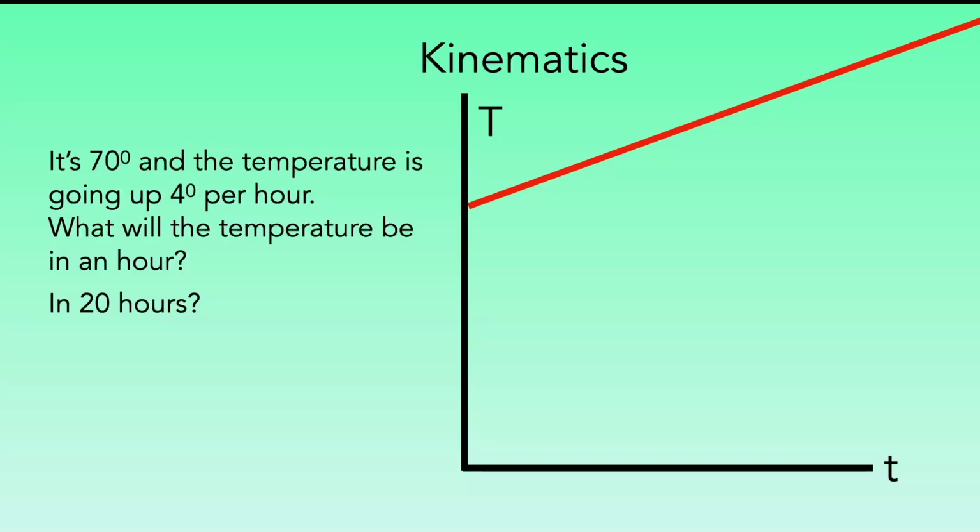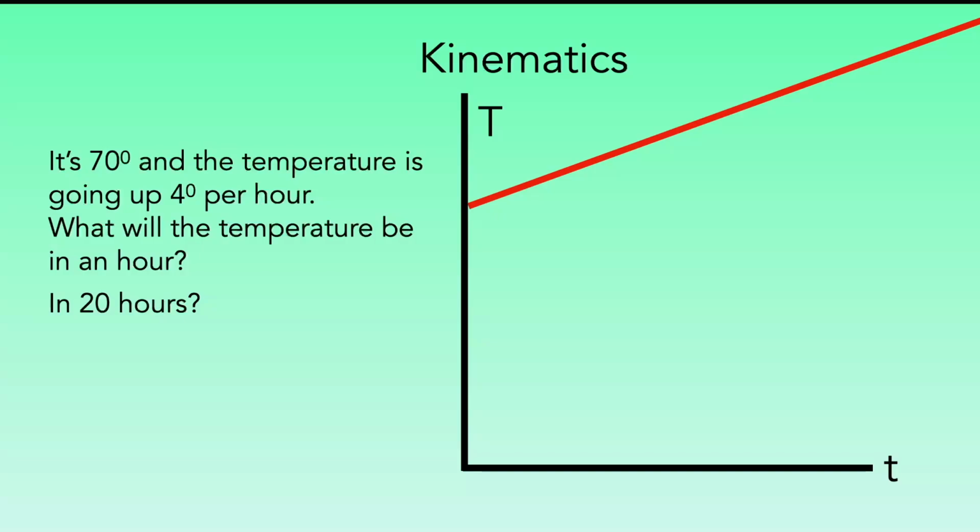70 degrees, we can think of that as, when we talk about kinematics or the physics of describing motion, 70 degrees is kind of like a position, right? 4 degrees per hour, that's like how much the position changes over every unit of time. So that's like a velocity. Well, we don't just have constant velocities.